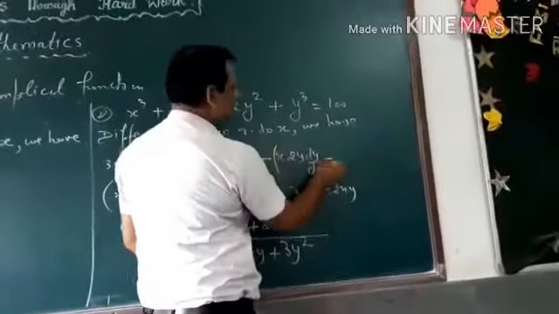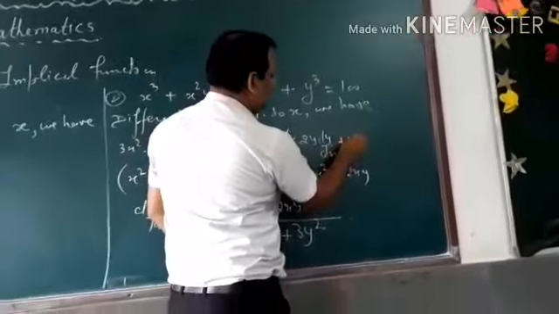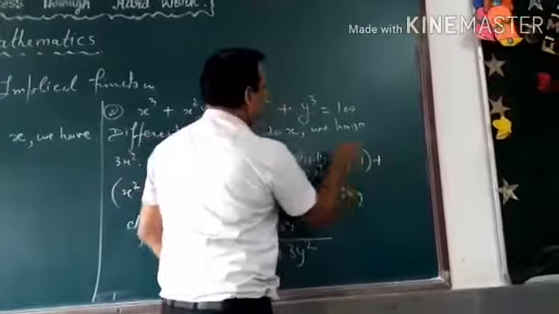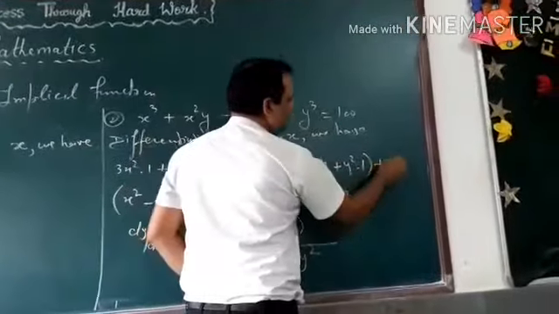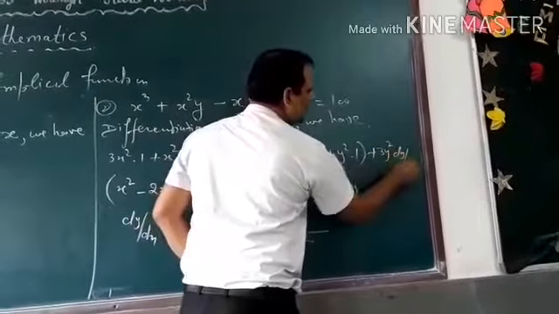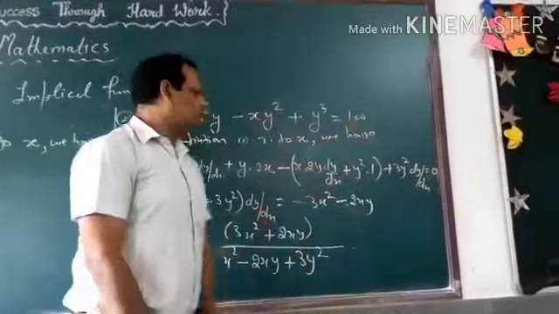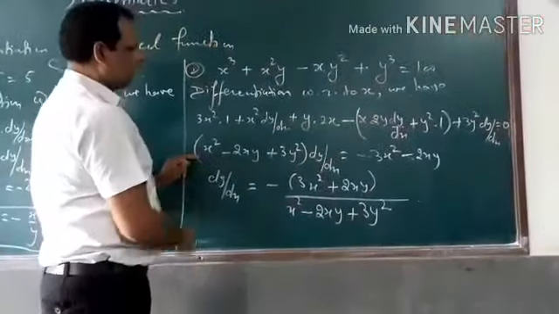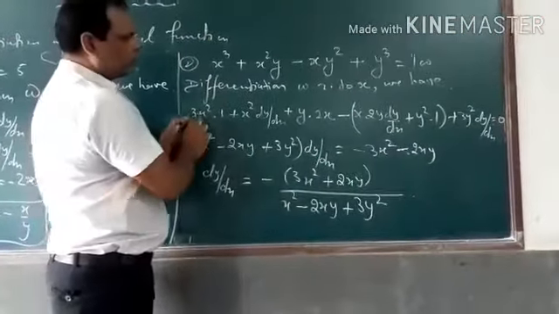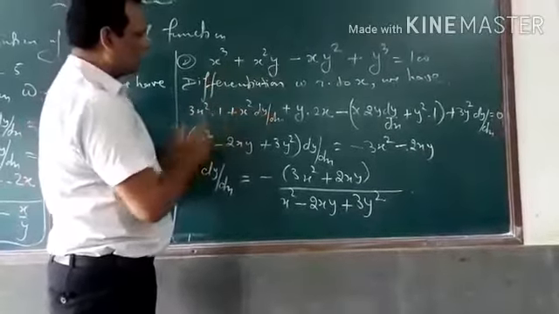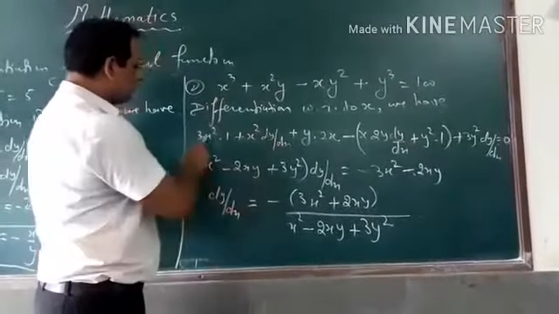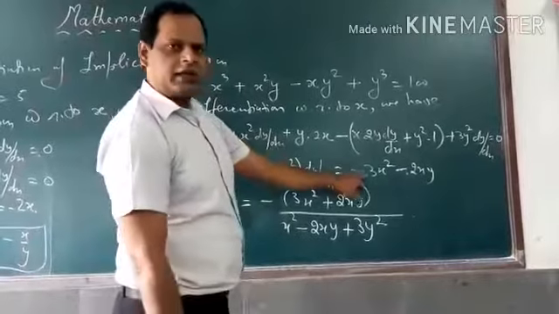Now differentiation of x is 1 and differentiation of y cube is 3y square times dy upon dx equal to 0. Differentiation of 100 is 0. Now in this step we take all the terms not multiplied with dy upon dx to the right hand side.